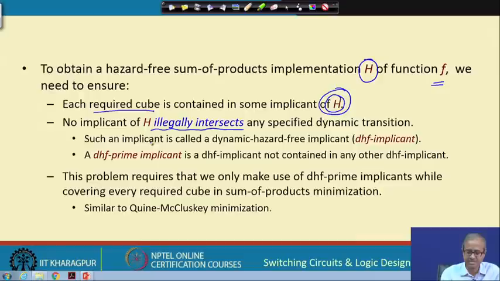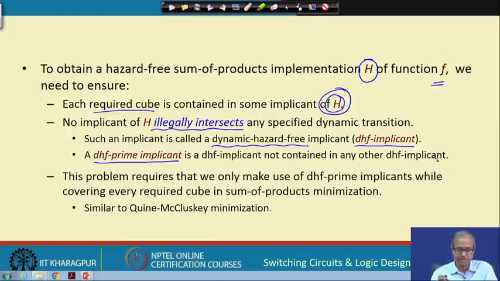Such an implicant is called a dynamic hazard free implicant, that which does not illegally intersect, and in short I call it as DHF implicant, dynamic hazard free implicant. A DHF prime implicant, just like the definition of a prime implicant, is a DHF implicant not properly contained within any other larger DHF implicant.